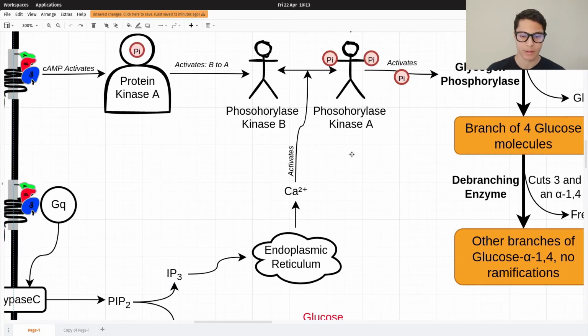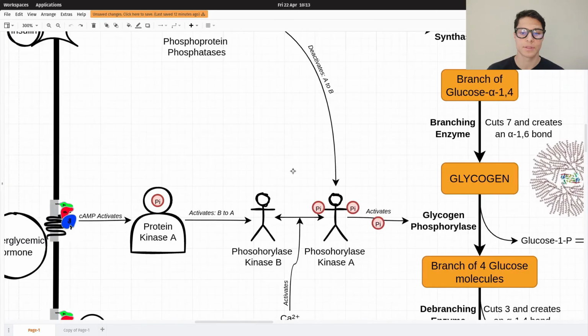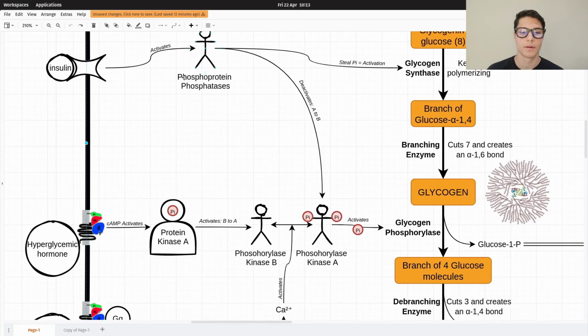Okay, do you remember in the previous step here? Phosphoprotein phosphatases are removing phosphates. So at the same time that it is activating the glycogen synthase, it is deactivating the phosphorylase kinase A. So this process cannot occur at the same time.